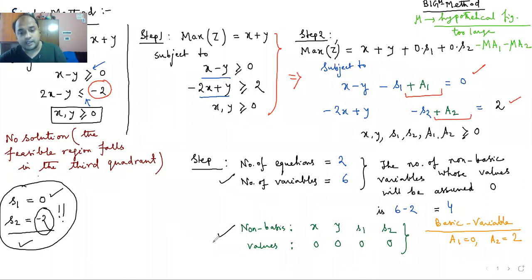So we choose another constant, denoted by M, which is a very large figure, and we add it in the manner that I have done in this objective function. We write minus M A1 minus M A2, not plus M A1 and plus M A2, for some reasons. We will explain in the next session.